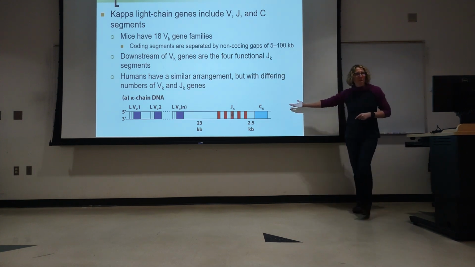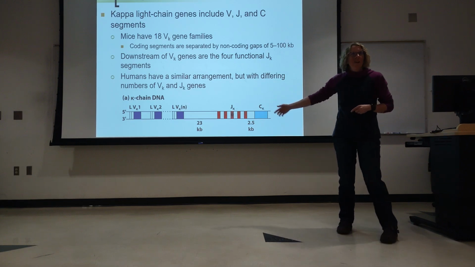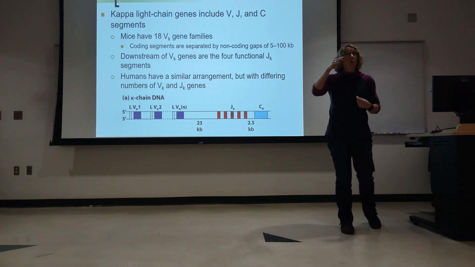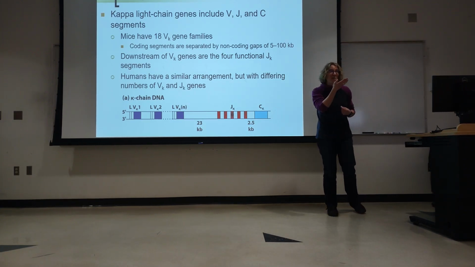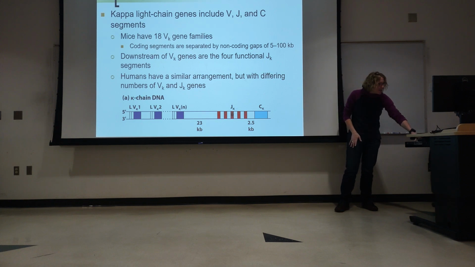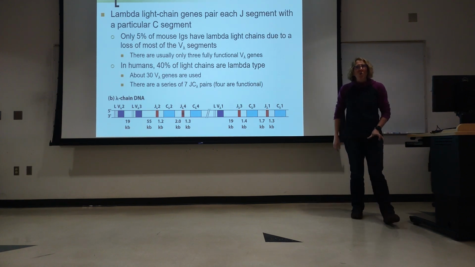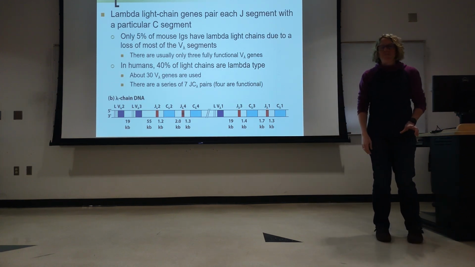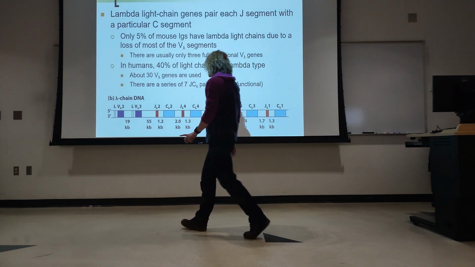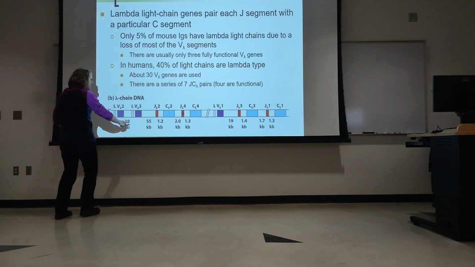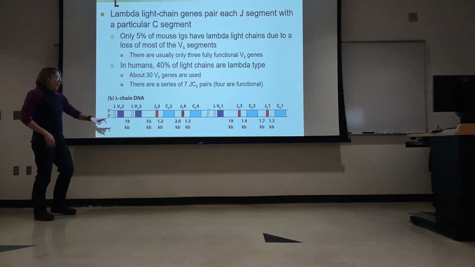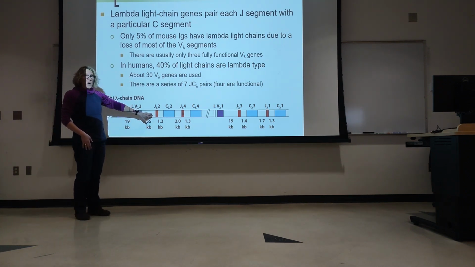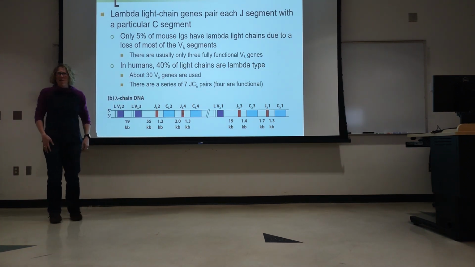Same thing goes for kappa light chains. But when we look at the arrangement, the way the information is laid out in lambda, ooh, it's not the same. You have some variable regions that are upstream of a joining region and a constant region.